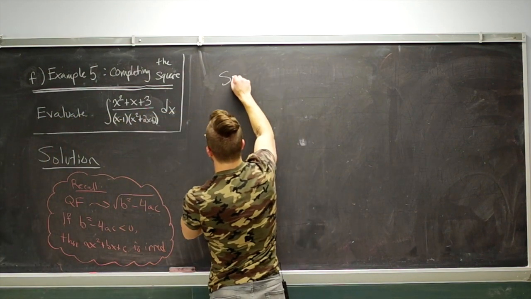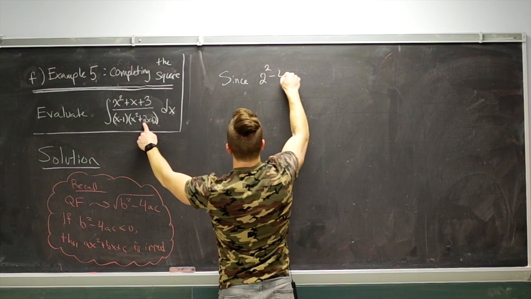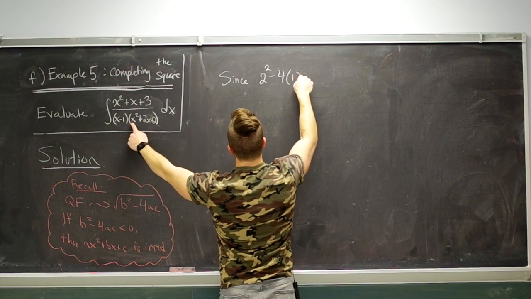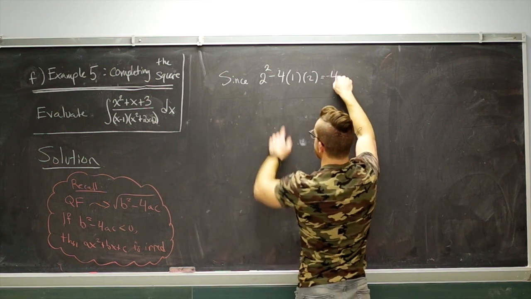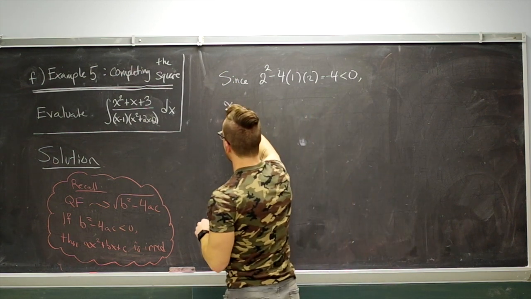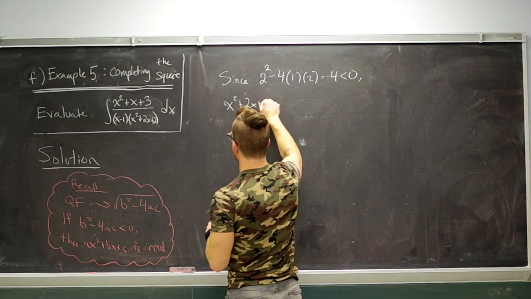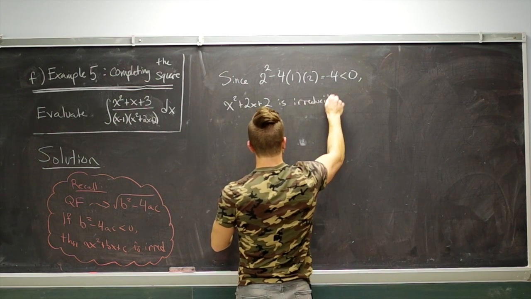So I would start off by saying, since 2 squared minus 4 times 1 times 2 is 4 minus 8, which is negative 4, which is negative, x squared plus 2x plus 2 is irreducible.